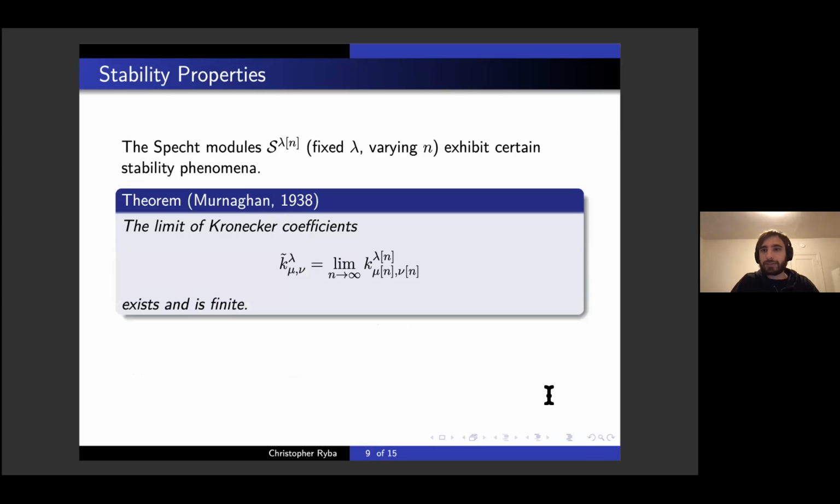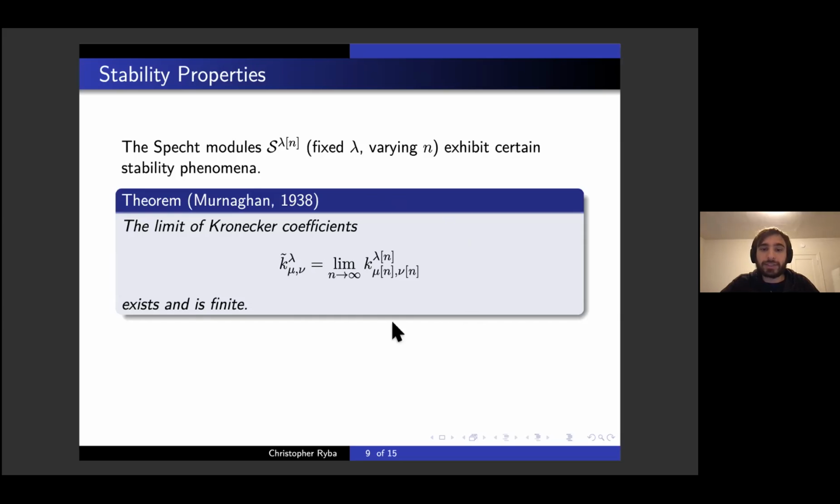So for that, I want to actually do a bit of a subtle change of the setup. What I'm going to do is consider a family of representations for varying symmetric groups. So I'm going to fix a partition λ, and I'm going to consider λ[n] for a variety of n. And as n gets larger, then I'll get representations of larger and larger symmetric groups. So they're not a priori directly related.